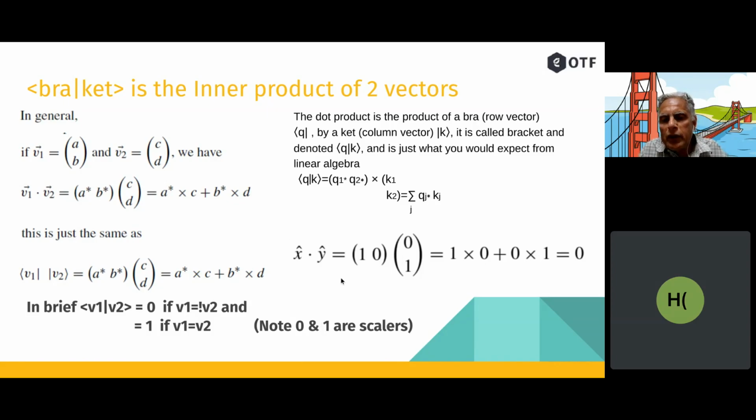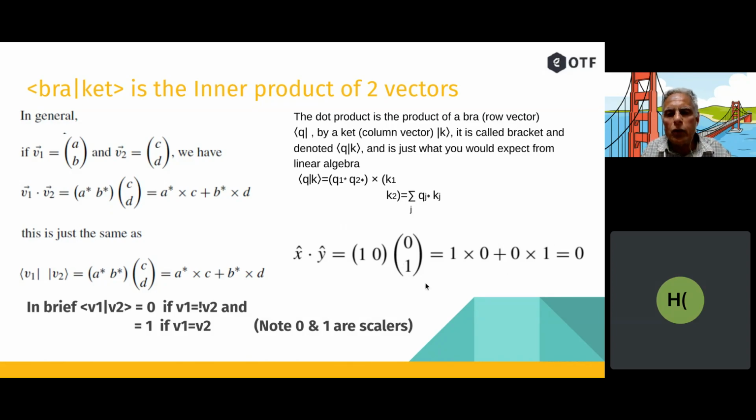Example, x ket and y ket: 1 0 and 0 1. These are nothing but the spin up in the z direction basis, ket 0 and ket 1. So that's how we take it, and what you get out of this is 0, which means x and y are orthonormal. That is what it means.